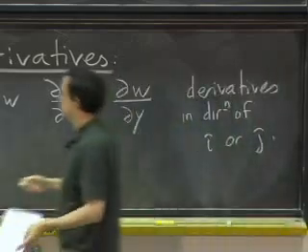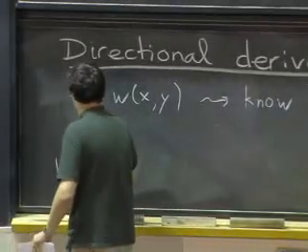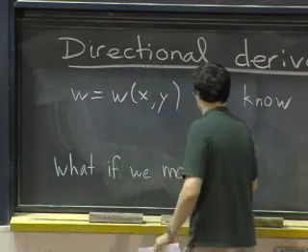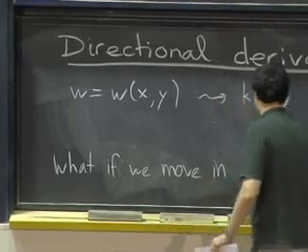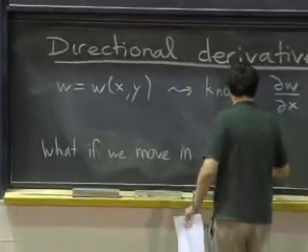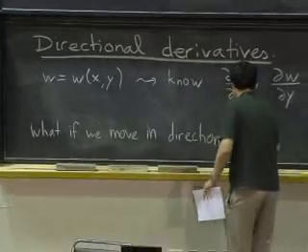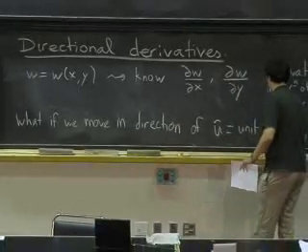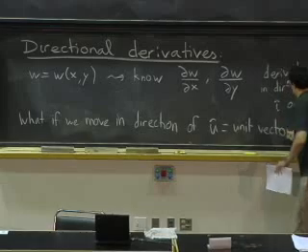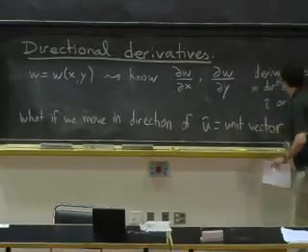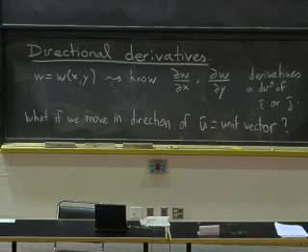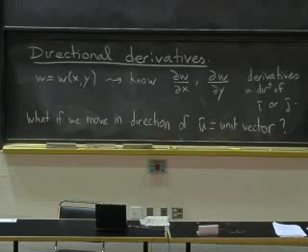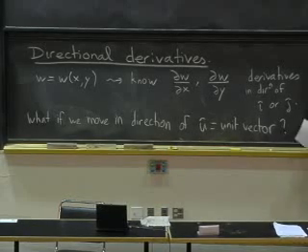So what if we move in another direction, let's say in the direction of some unit vector? Let's call it u. Okay, so if I give you a unit vector, you can ask yourself, if I move in that direction, how quickly will my function change?